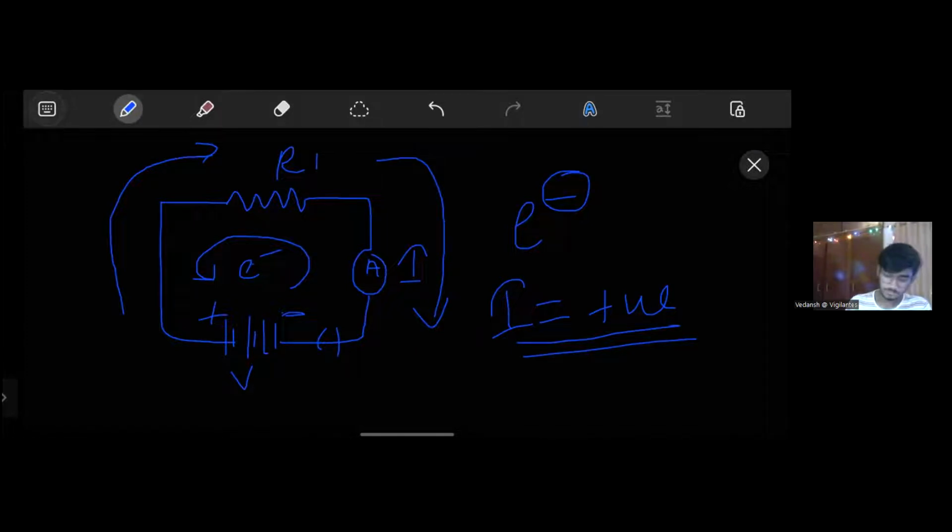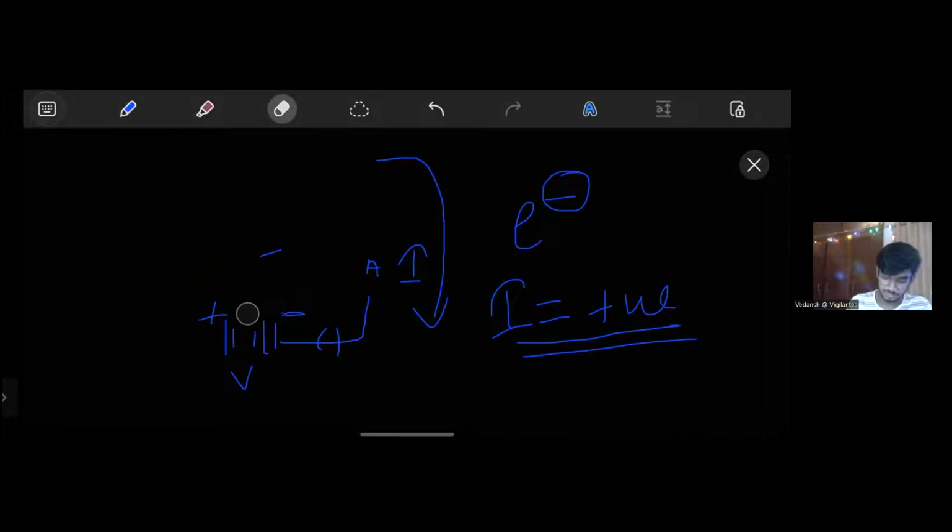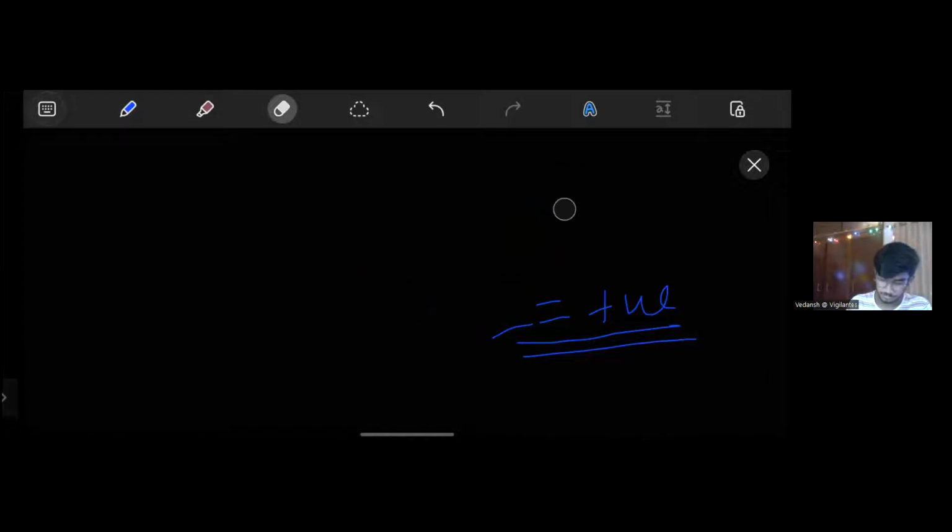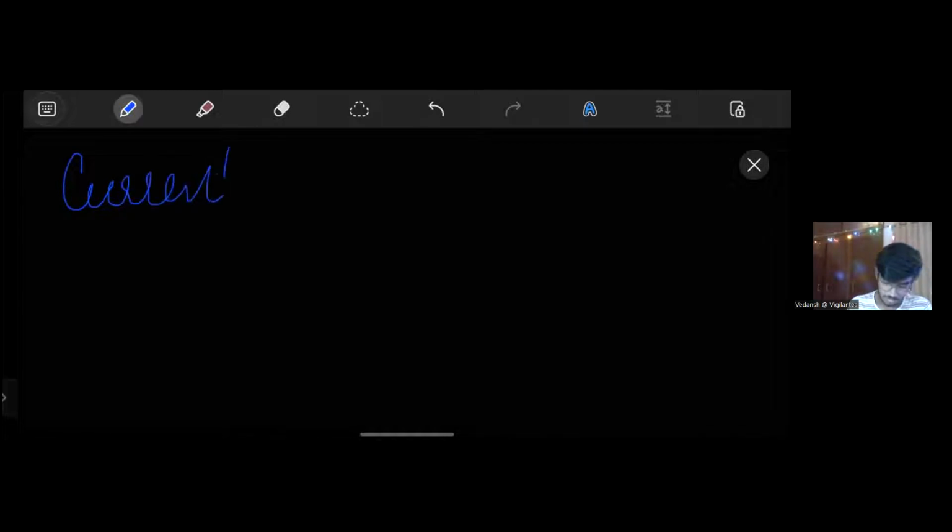Now, there are two different types of current. It is categorized into direct current or DC current, or alternating current or AC current.